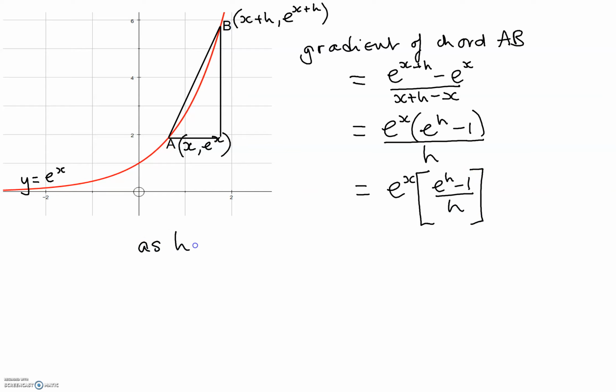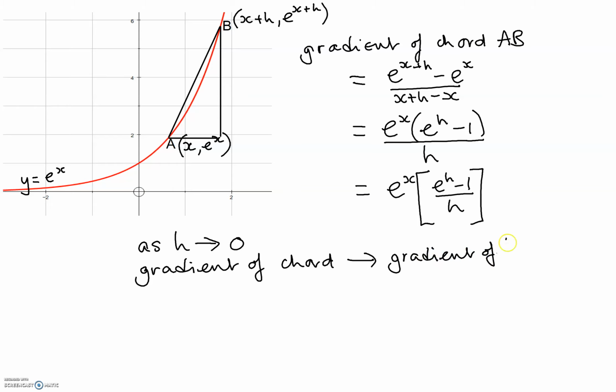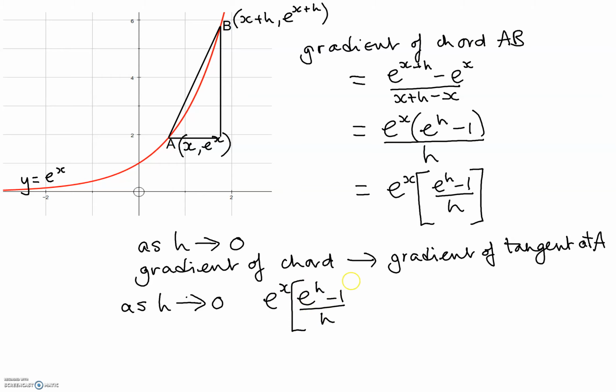Now, as h tends to 0, the gradient of the chord is going to tend towards the gradient of the tangent at A. And so if we want to find the gradient at A, we can say that as h tends to 0, e to the x times e to the h minus 1 over h is going to tend to, now we already know from the previous page that as h tends to 0, this part here tends to 1.